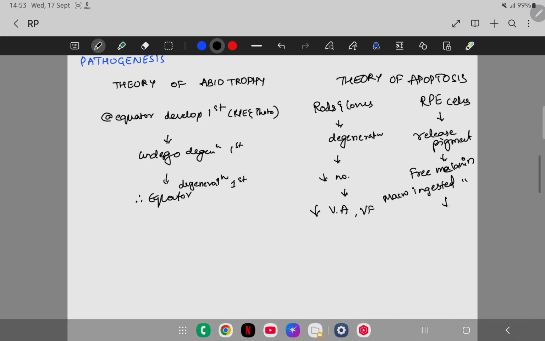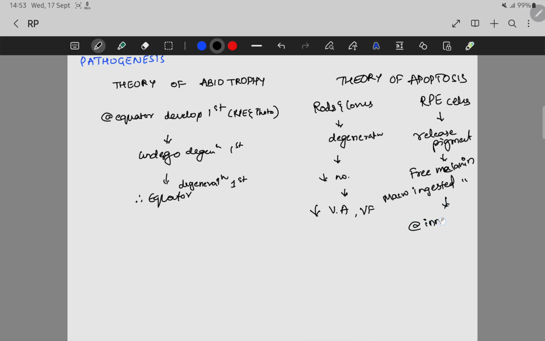So this accumulates at the inner layers of the retina around the blood vessels. These cause bony spicules. So the triad is the bony spicules, attenuated arteries and a pale optic disc. We'll discuss it in the signs.